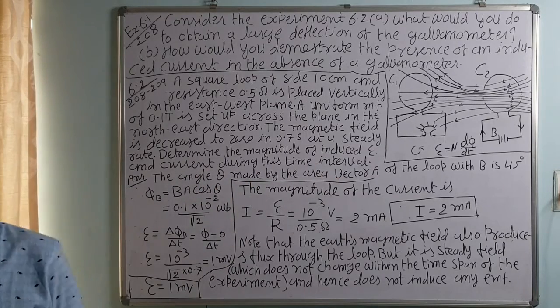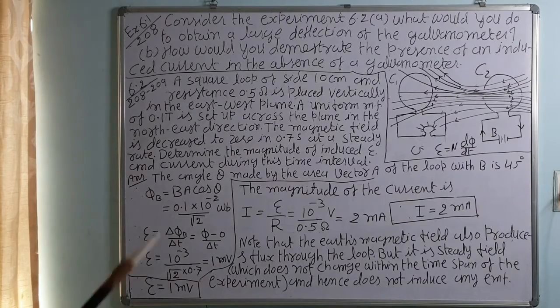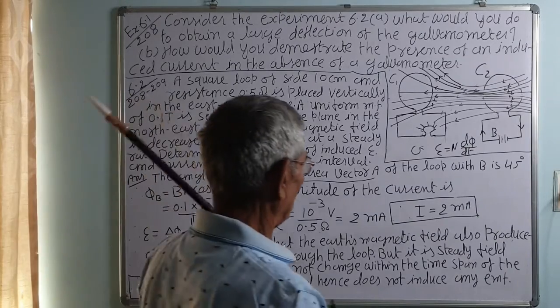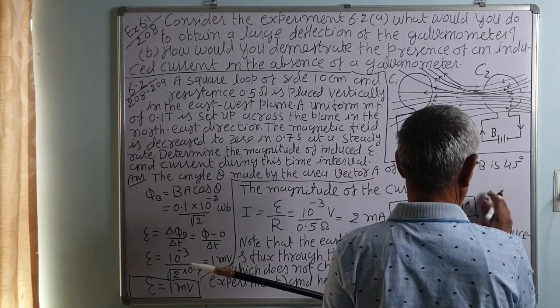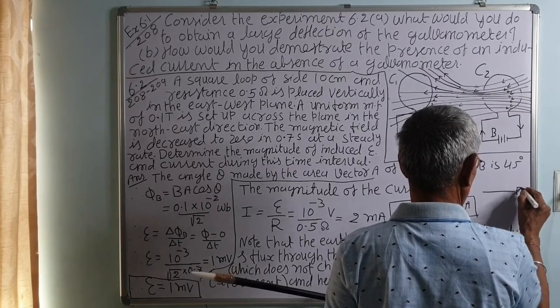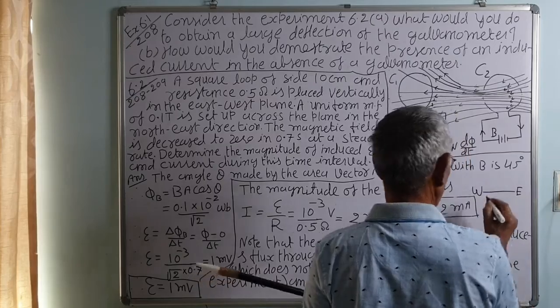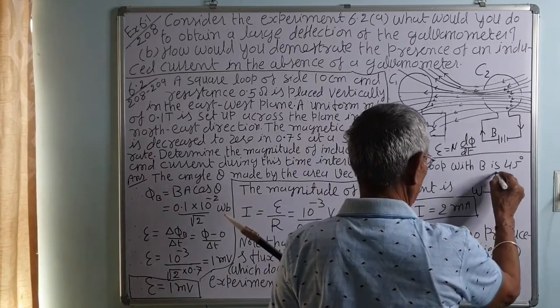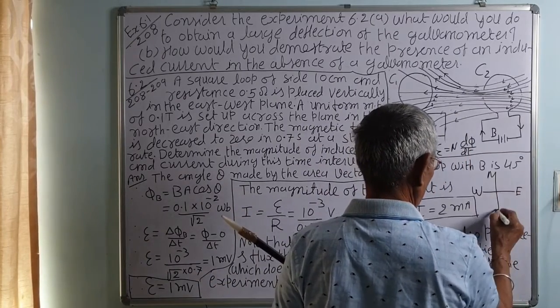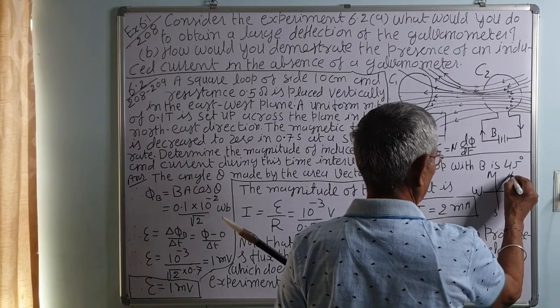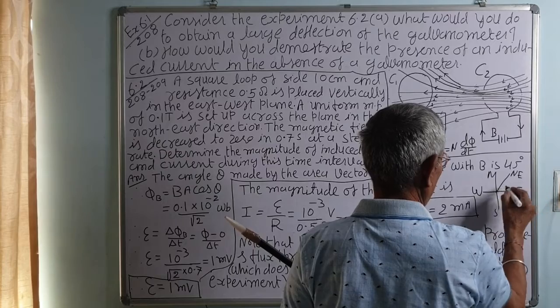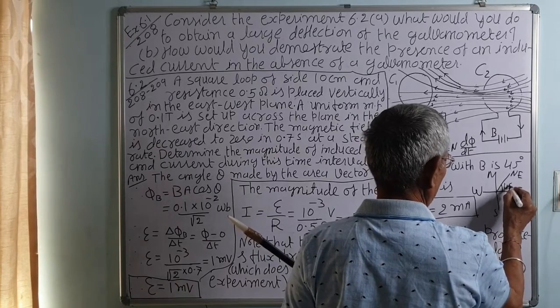We know the plane is in the east-west direction. This is east-west, and this is north-south. The magnetic field is northeast, that is, the angle is 45 degree.